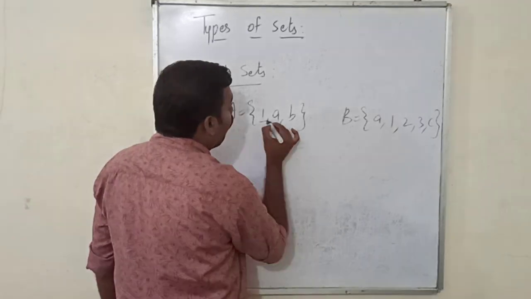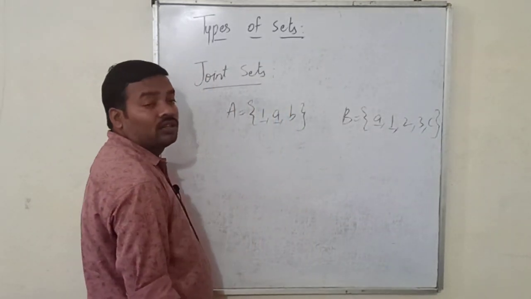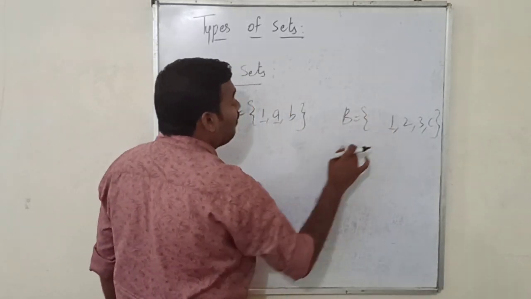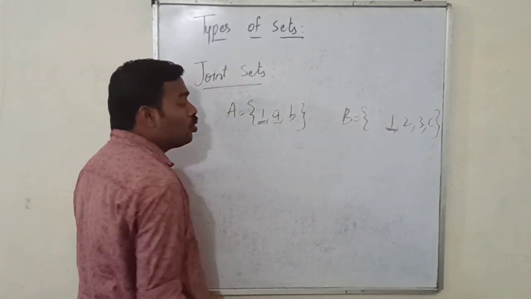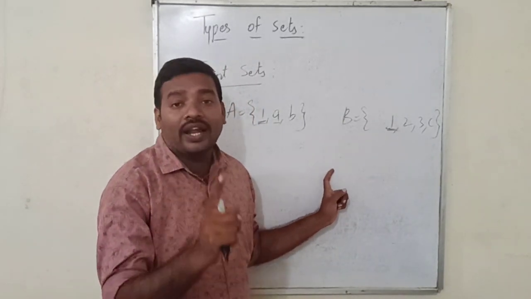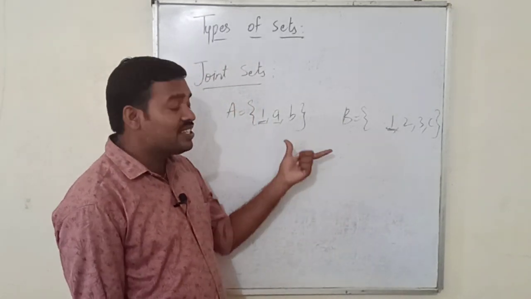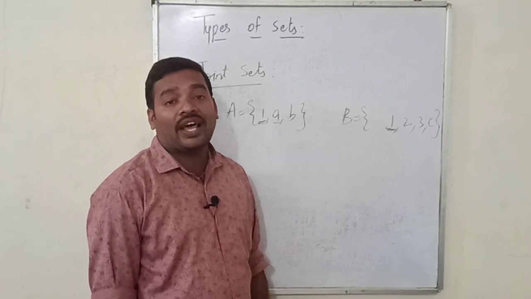Here we have 1 and A as common. Even if you don't have A, you have 1 in common. So if there is at least one element in common in both the sets, then those sets are known as joint sets.